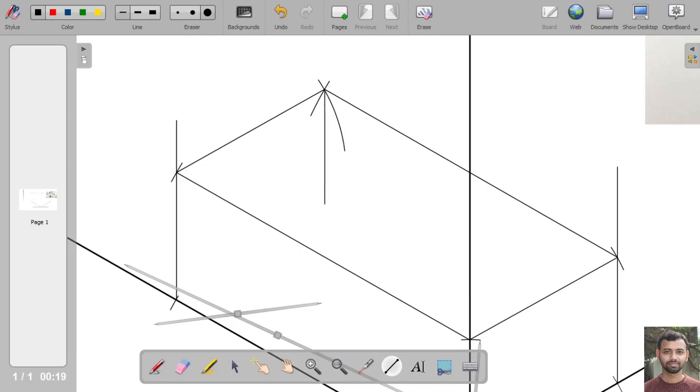Similarly, the other isometric lines we can draw in this way.